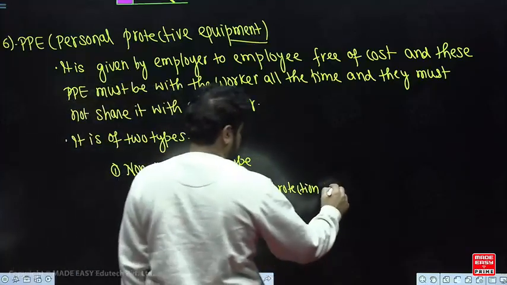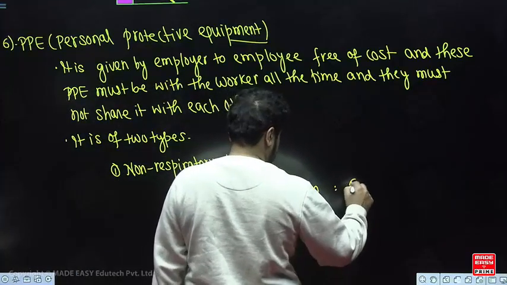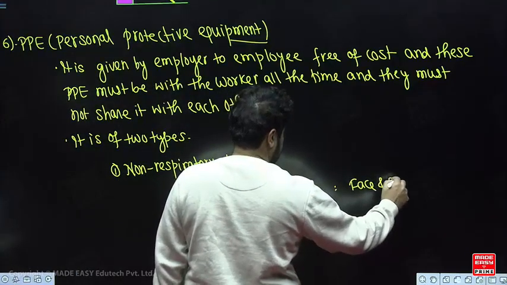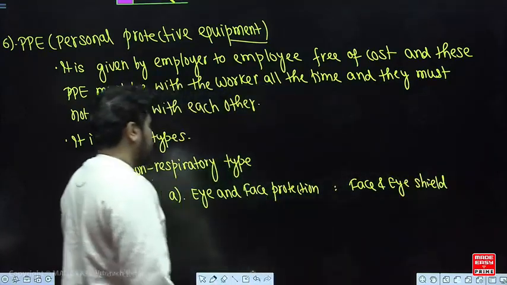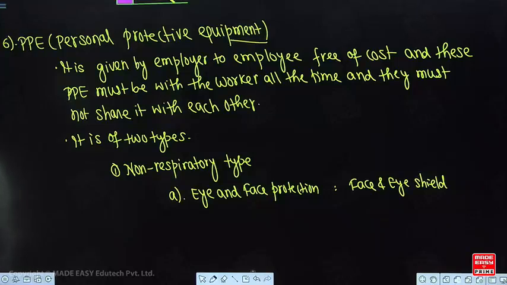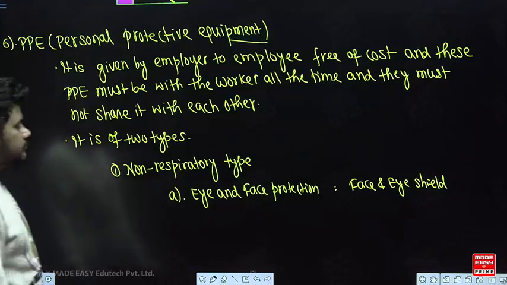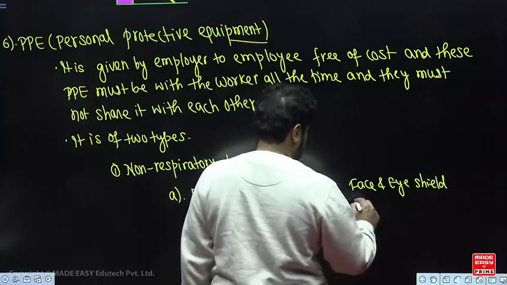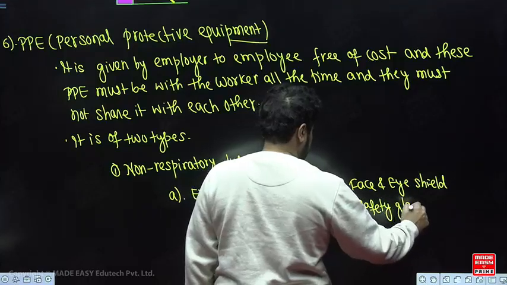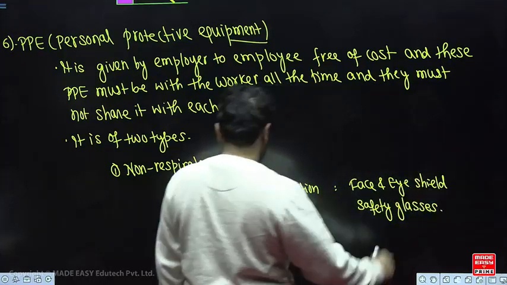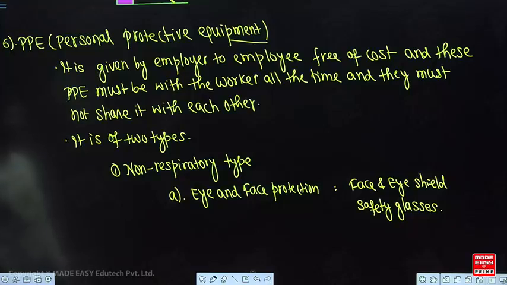Correct? So for example, face and eye shield, or you can say safety glasses. Correct? Eye and face protection. Note down till here first.